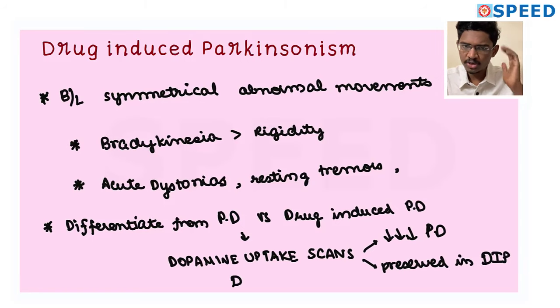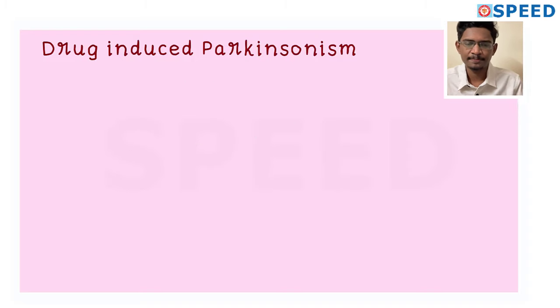So first you can do a scan known as DAT, the dopamine uptake scan. In classical Parkinsonism, there are no dopaminergic neurons at all. But here there are dopaminergic neurons which will shine bright after this scan. You can differentiate it with that scan.